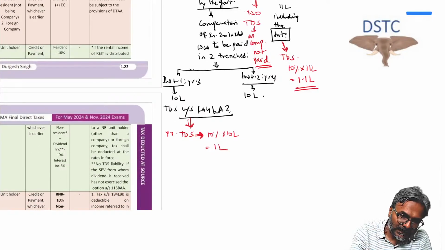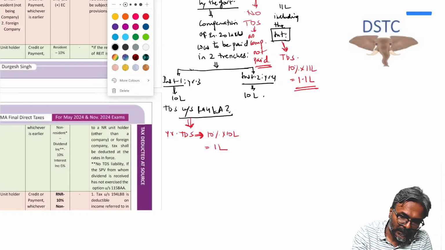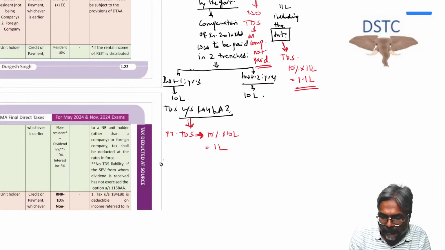Now just twist the question further, if you have already done with this case. What will be your answer?